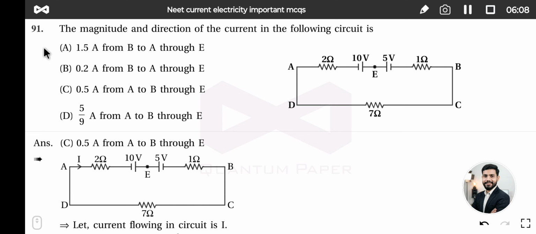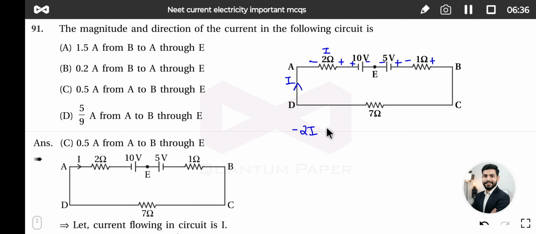This is also a previous year NEET question. Here also we'll apply Kirchhoff's second rule. So let's say current is going in this direction. So here minus I, minus, plus, plus, minus, minus, plus, and then minus, plus. So the current is I and here the resistance is 2, so minus 2I.